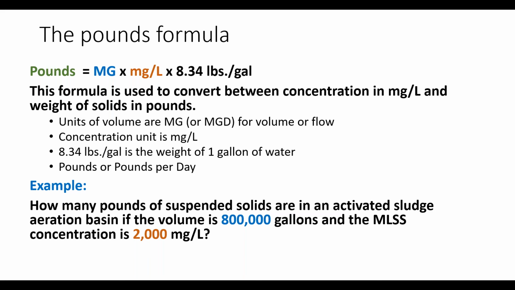So we're going to use 0.8 as our MG times 2,000 milligrams per liter times 8.34 pounds per gallon. Anybody want to run that calculation? I'm seeing 13,344 pounds. Excellent job. And that's what I got as well.